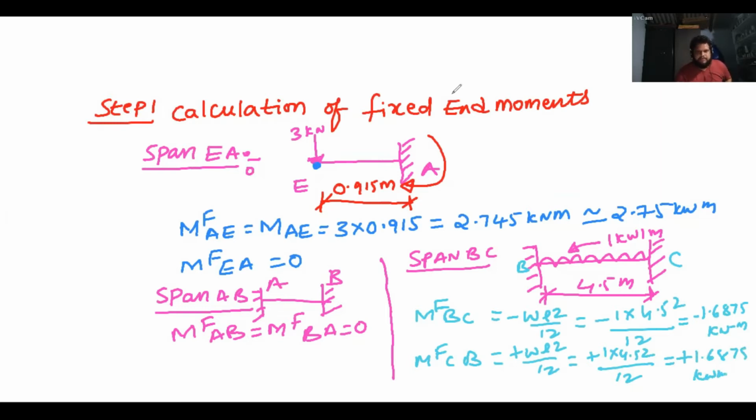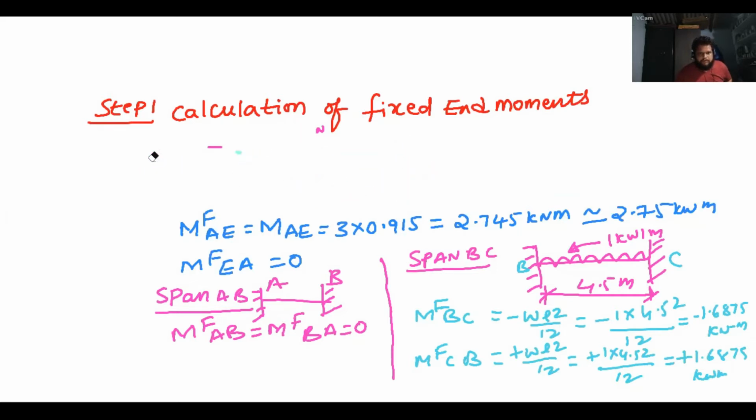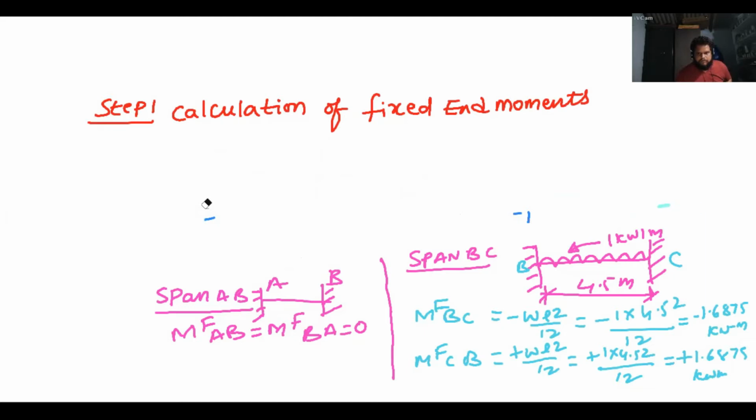Now next there is one more span, span CD. So we'll go to span CD. I'm erasing span EA. Now span CD.